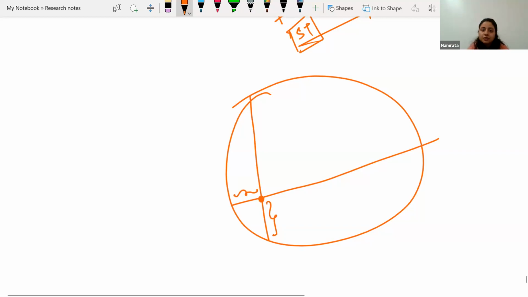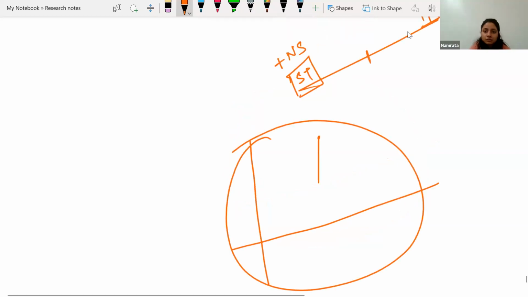Okay, what we have done over here, we have taken center over here. Let's say center O. We are dropping a perpendicular over here. We are dropping a perpendicular over here.